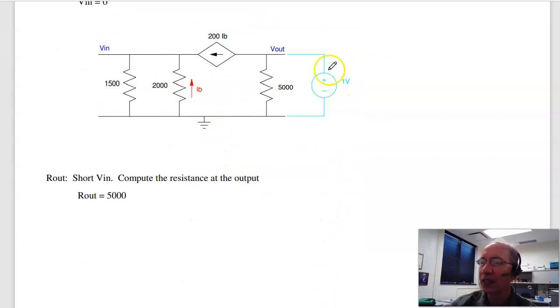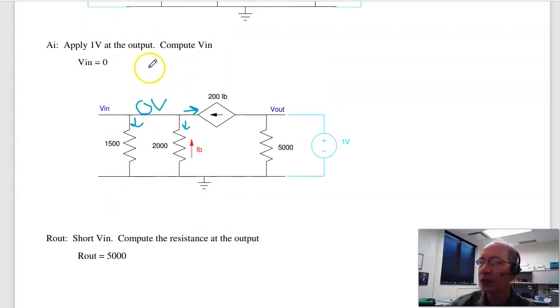To find the input gain, apply 1 volt to the output, calculate this voltage, and here you can kind of guess. If I get 0 volts, it balances, because the current then is 0 plus 200 times 0 is 0. 0 works, AI equals 0. To find R out, I short the input, in which case IB is 0, 200 IB is 0, so all these go away. I just see 5K.